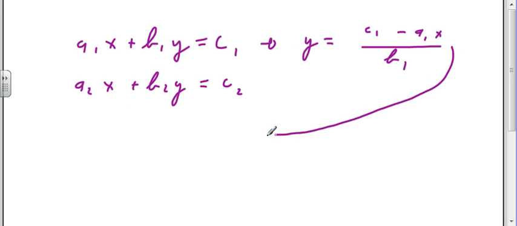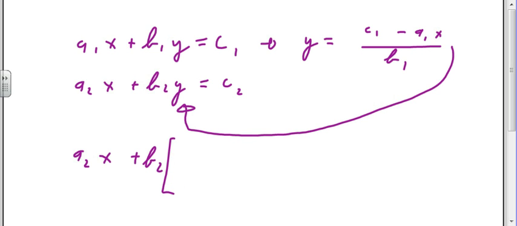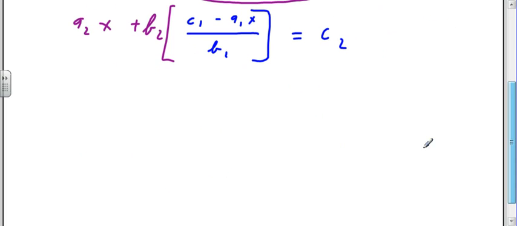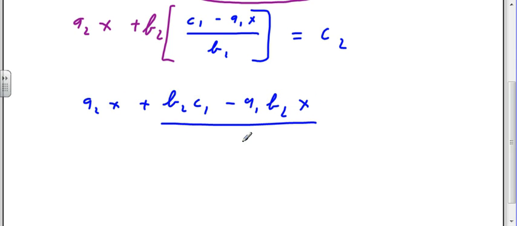And I'm going to put that into here, and I'm going to say a2x plus b2 times c1 minus a1x divided by b1 is equal to c2. And then I can say a2x plus b2c1 minus a1b2x over b1 is equal to c2.